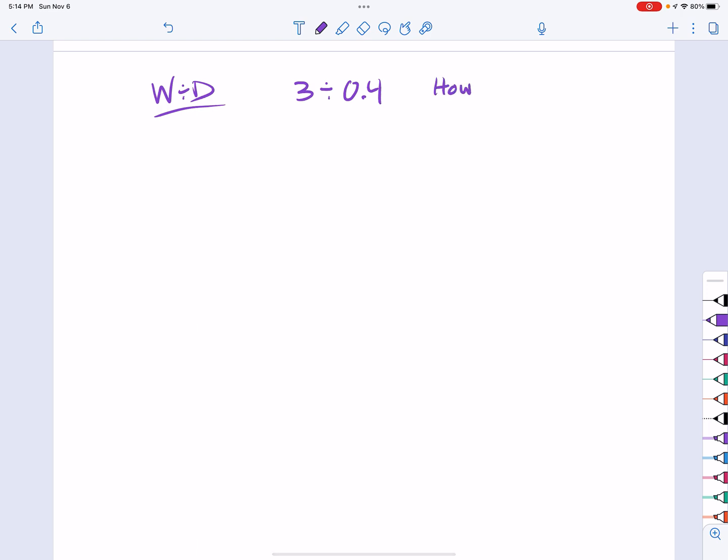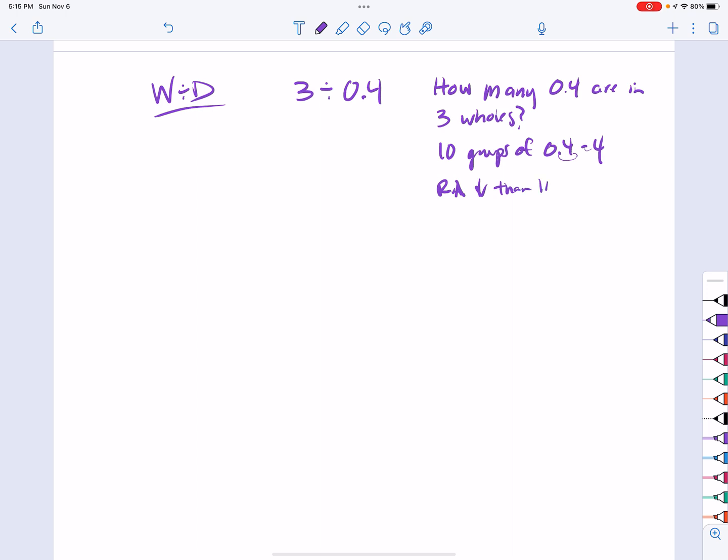This is asking how many 4/10 are in, or can you make from 3 wholes? I know that if I had 10 groups of 4/10, that would equal 4, because that would be 10 times 4/10, and that would just move the decimal point 1. So a reasonable answer will be a little bit less than 10.